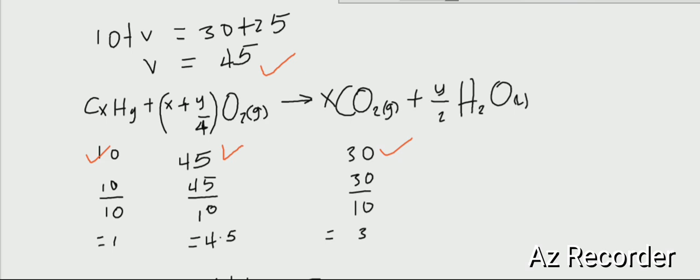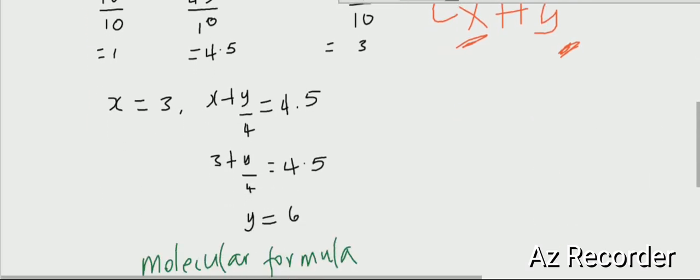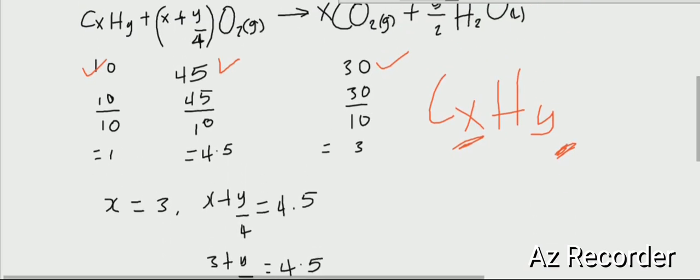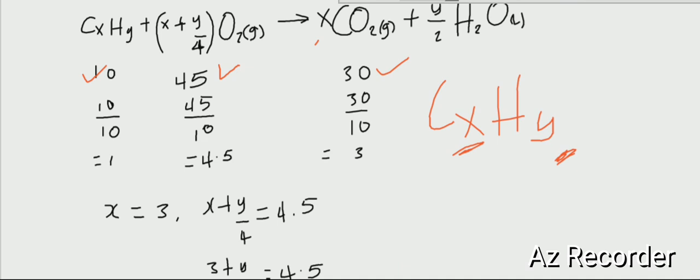Remember, our hydrocarbon is CxHy. We need this x and we need y. From there, our x is 3. When we observe carefully here, our x must be equal to 3.